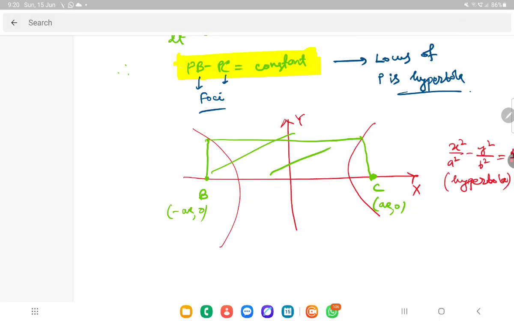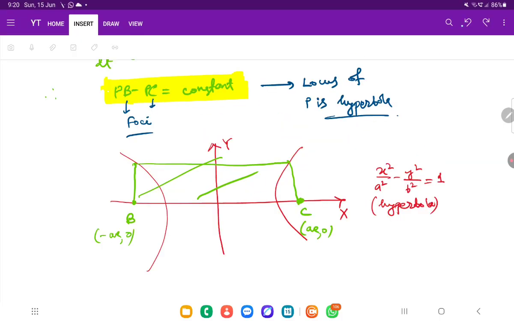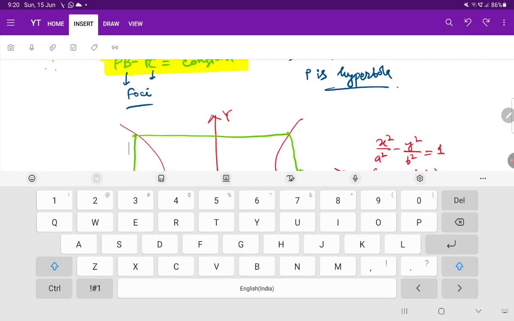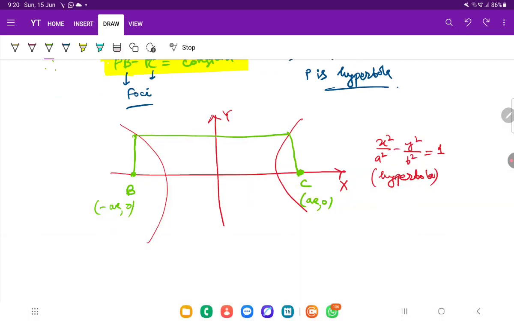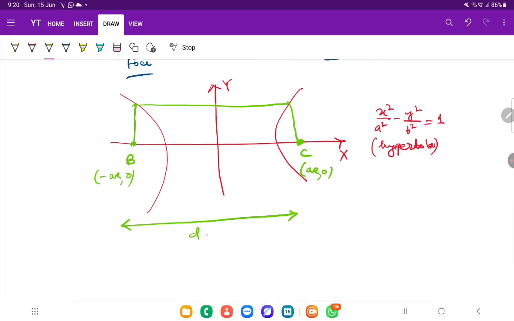So B and C are the foci of the hyperbola, and this distance is obviously d as given, and from our figure we can call it twice of ae.